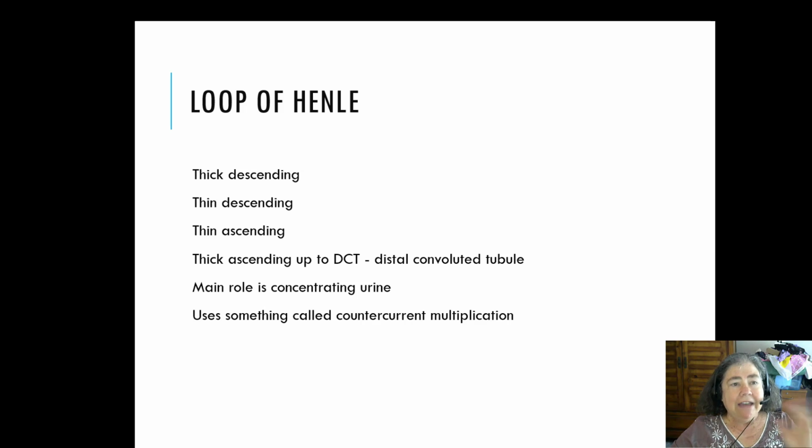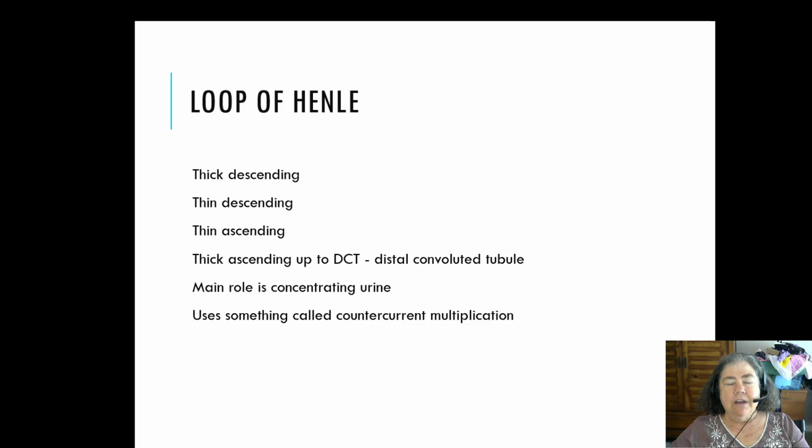So we've made some progress on our little journey, and we've reached the loop of Henle. Now, the loop of Henle is pretty complicated, and I'm going to simplify it a good deal. It has a thick descending part, a thin descending part, a thin ascending part, and a thick ascending part.